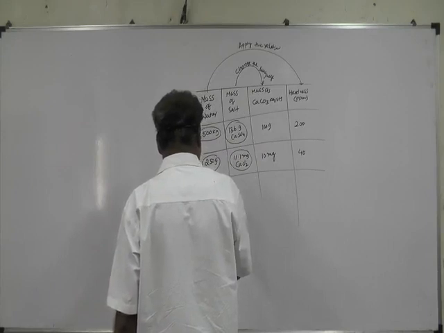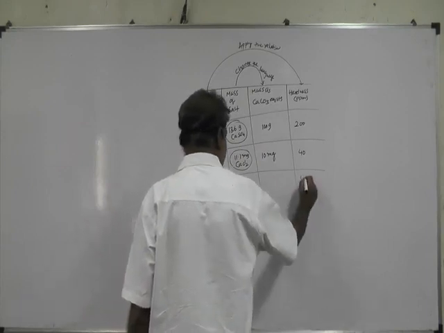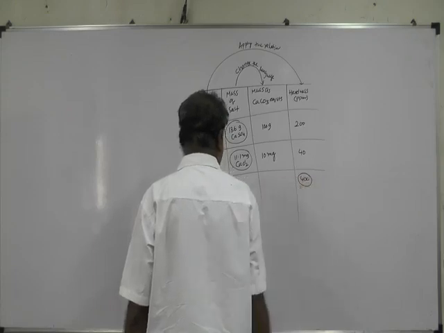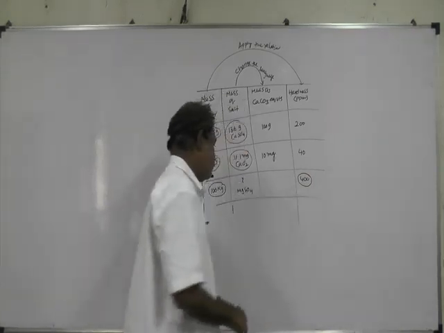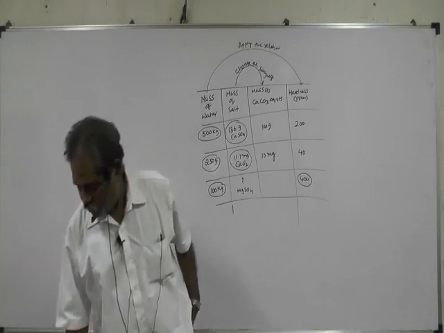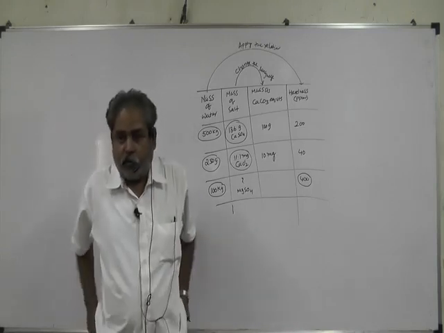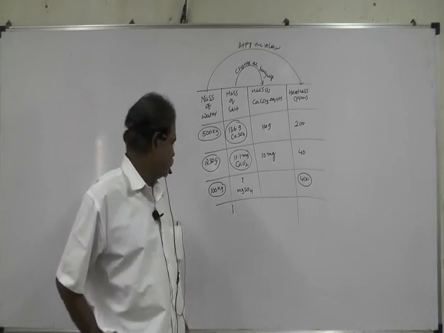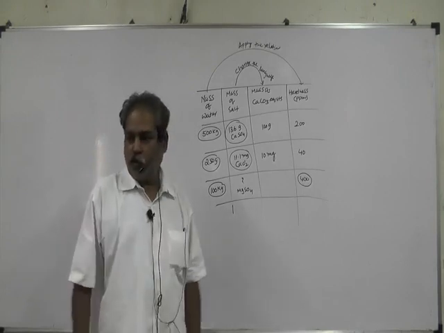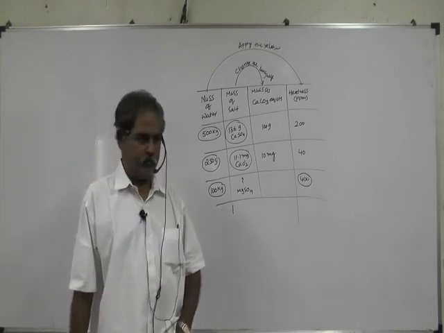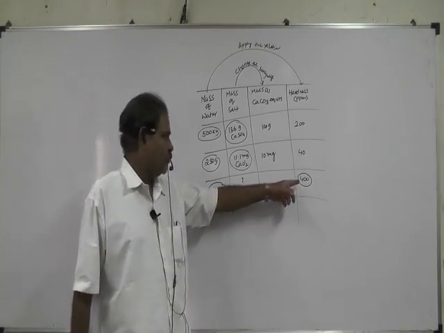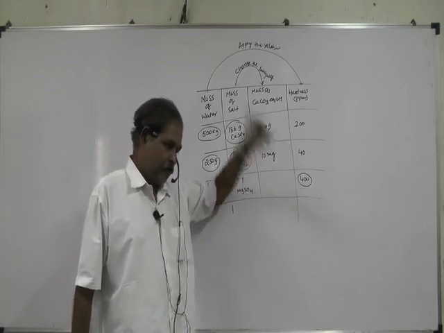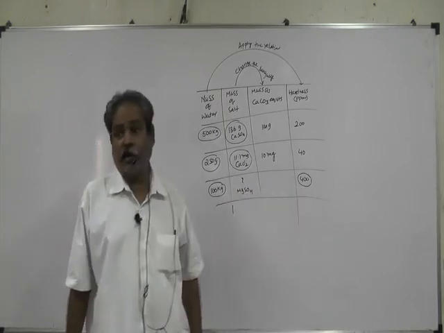100 kg, hardness 400. These two are given. How much magnesium sulfate? 480. How? Let's see. 100 kg contains 400 gram. 1000 kg contains 4000 grams.